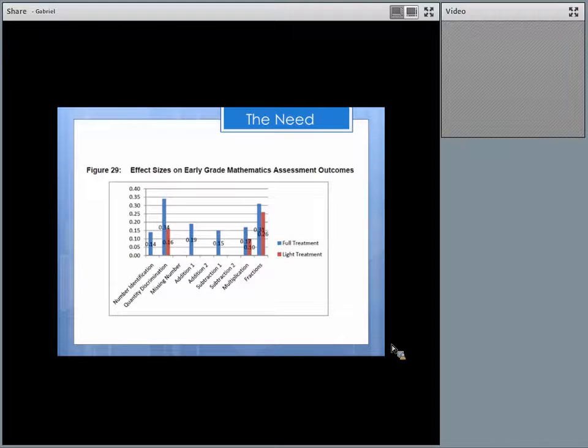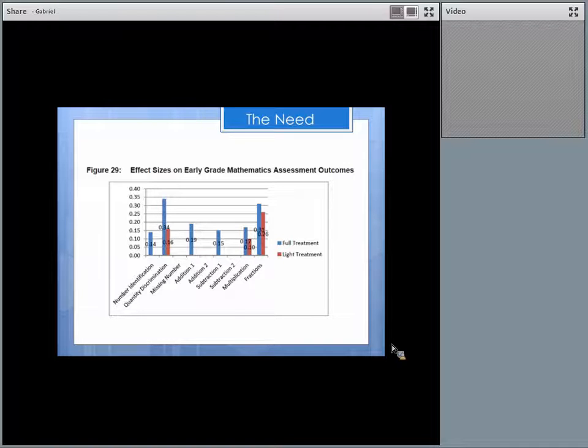This is improvement over the red bars when there was a full reading curriculum put into place. And you'll notice just improved effectiveness in the classroom seemed to improve mathematics achievement over those classrooms that were getting no reading at all. So it would suggest a context like Liberia, where they're getting very little support in preparation for the classroom, that when support was provided even in a topic not mathematics, it had a carryover effect. Next slide.